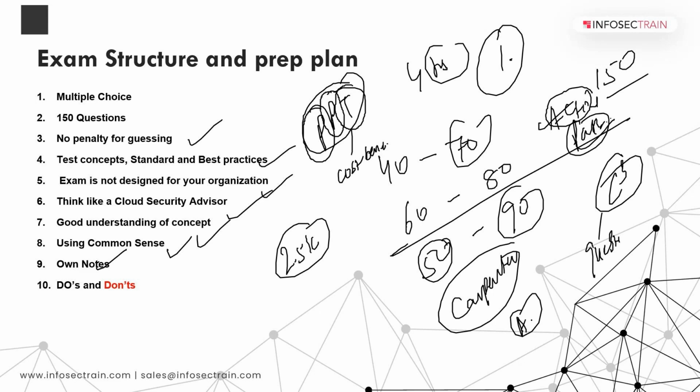Why is B wrong? Why is D wrong? If you are able to determine A, B, and D are wrong, definitely C is the right answer. So always try to respond like this: why are options A, B, and D wrong? So always choose the wrong answer, not the right answer.